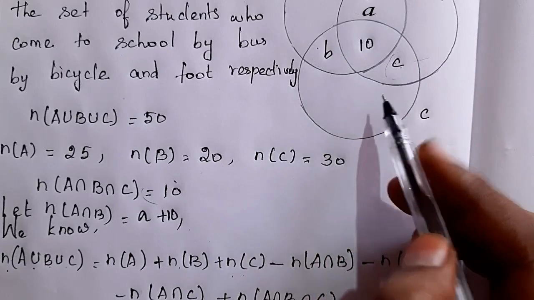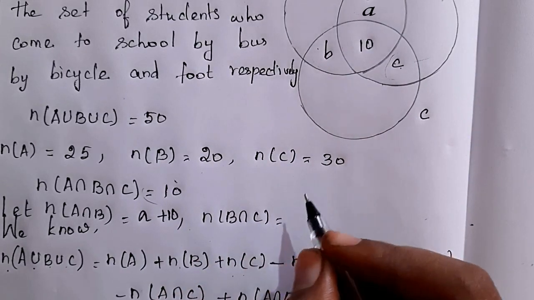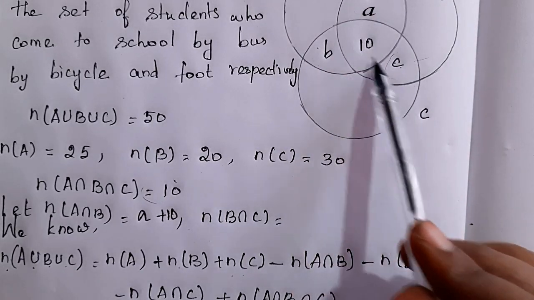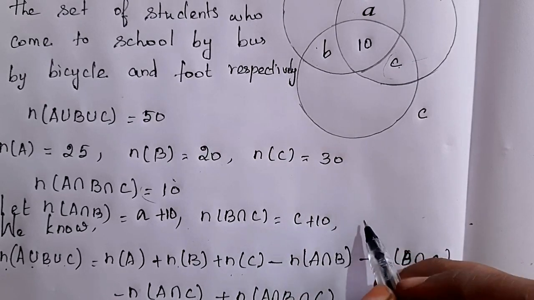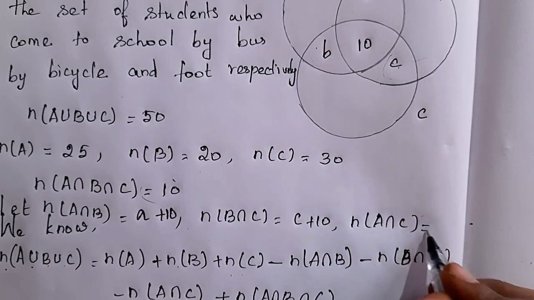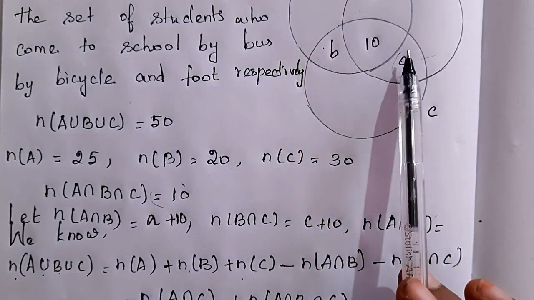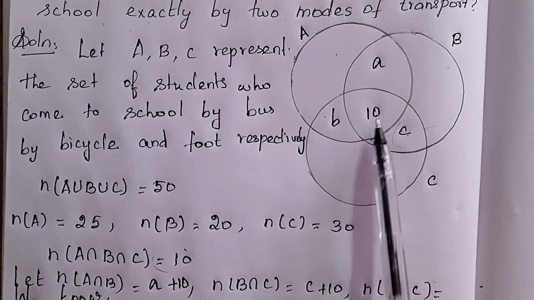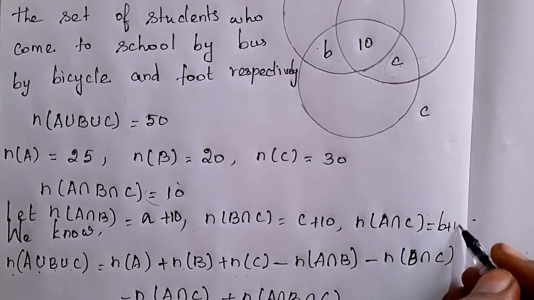Then we can write N of B intersection C equal to same. This is B, this is C. Intersection part is both. So C plus 10. The next one is N of A intersection C. It is C. So A intersection C part is this part, B and 10. So we can write B plus 10.